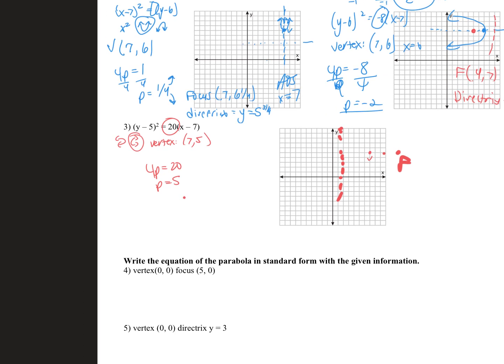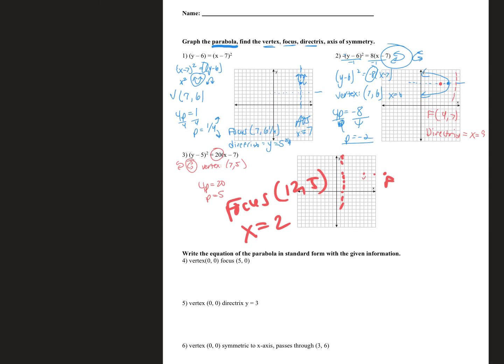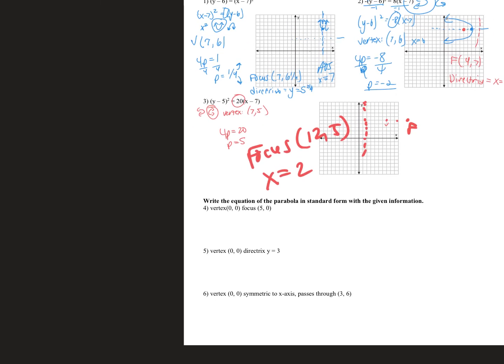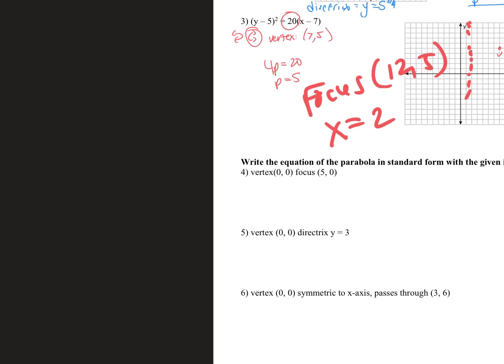So that would tell me that my focus is at 12, 5, and my directrix is at x equals 2. Remember, your vertex is equidistant from the focus and the directrix. They're equidistant, the vertex is in the middle.